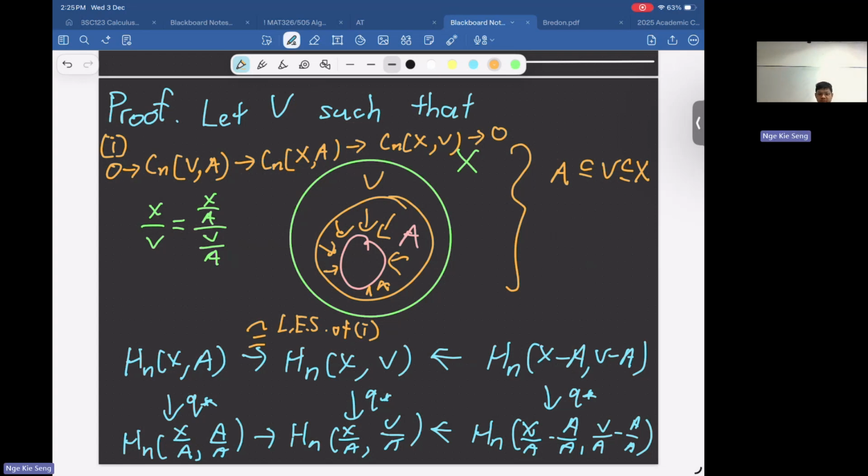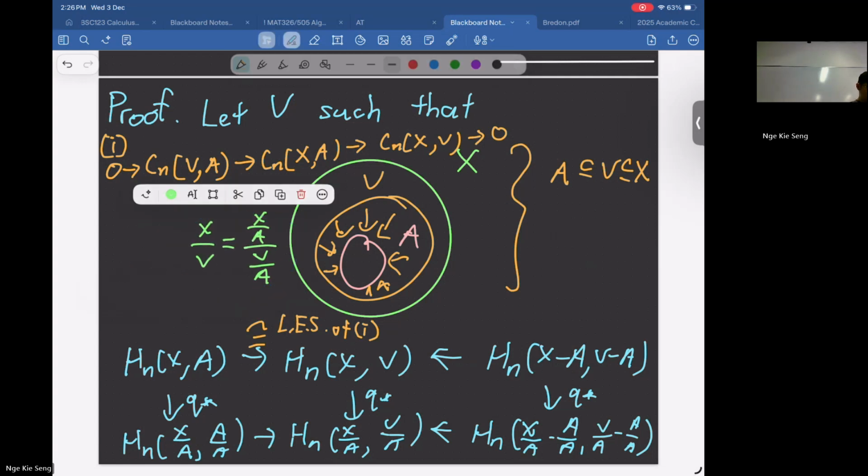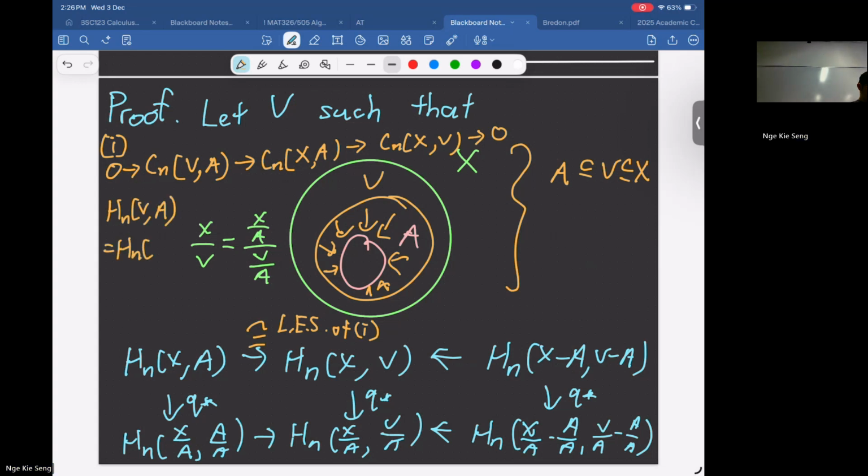What else do you know? Excision, right? Do we have excision here?